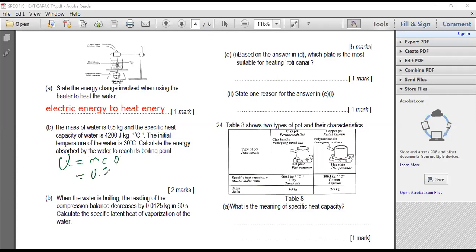The mass is 0.5, this is 4,200, and your change in temperature is 100 minus 30. So 0.5 times 4,200 times 70, that is 147,000 joule.